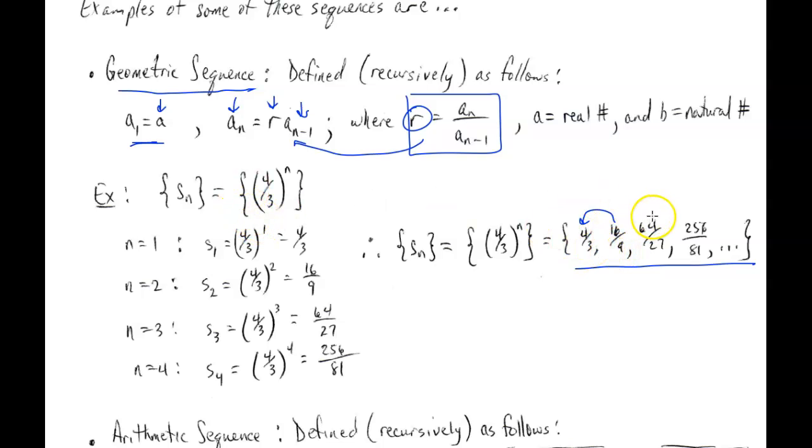If I took 64 over 27, divided it by 16 divided by 9, I'm going to get 4 over 3. Okay. If I take 256 divided by 81 and then divide that by 64 over 27, I'm going to get 4 over 3. No matter what, always going to get 4 over 3 as a common ratio. Okay.